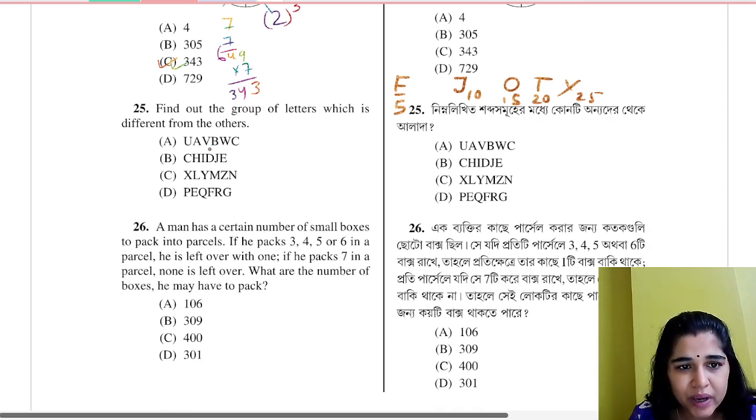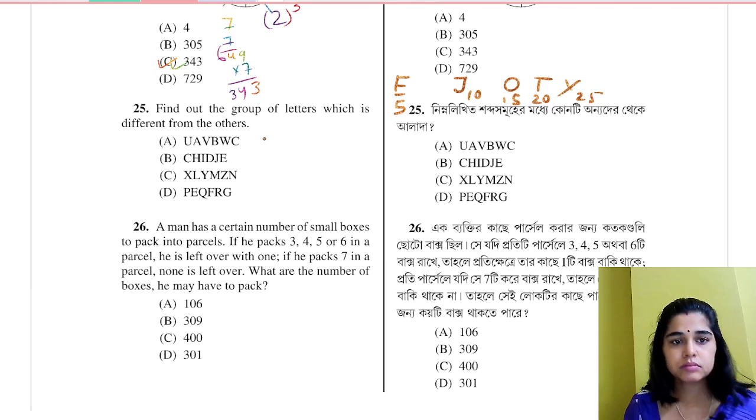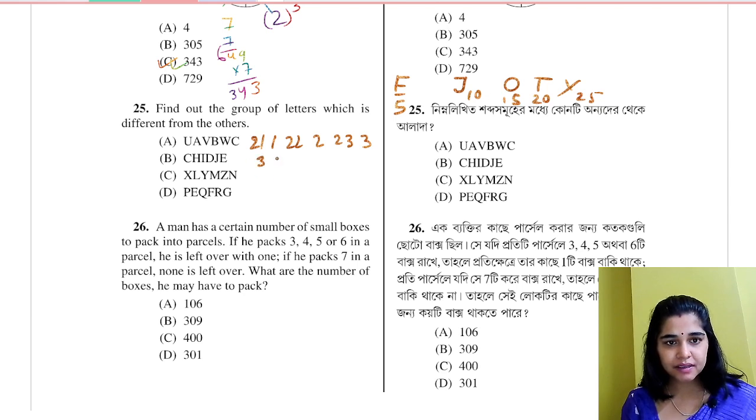So let's see UAV. What is U? U is 21. A is 1. V is 22, 2 and 23. Here is C. C is 3, 8, 9, 4, 10 and 5.